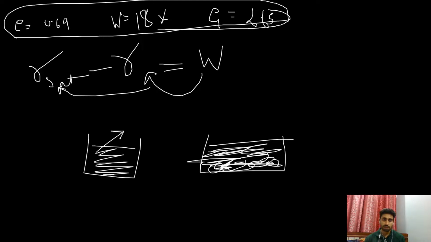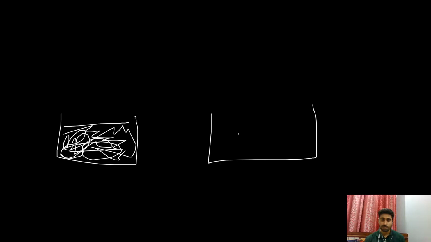The soil which is in saturated condition will represent all the voids. If we assume this is the total volume of the soil, then in saturated condition all its voids are filled with only water. This is the first soil, where all the voids are filled with only water. This is the second soil, which is in bulk condition.